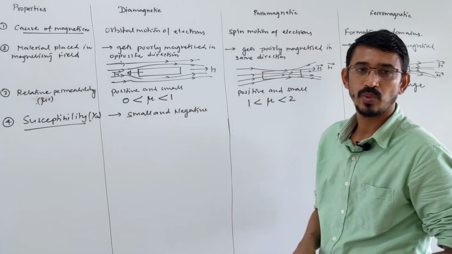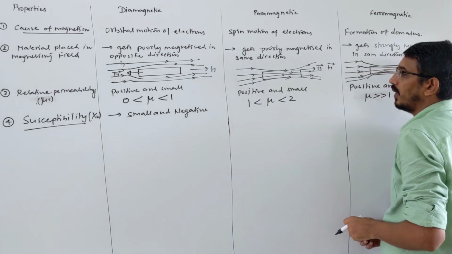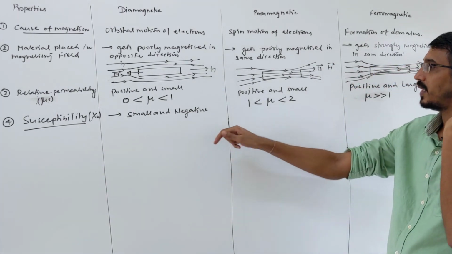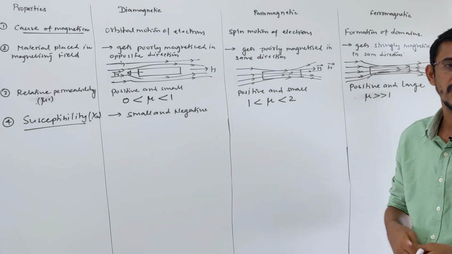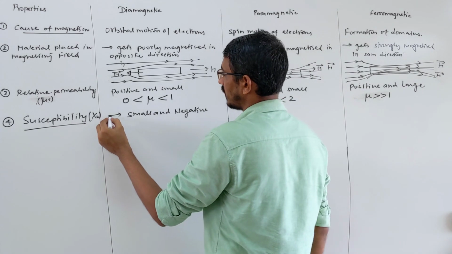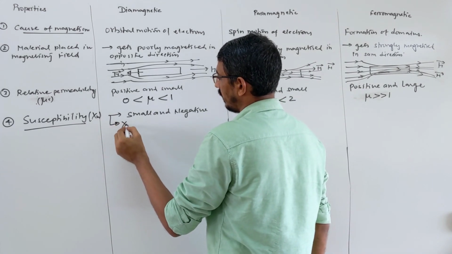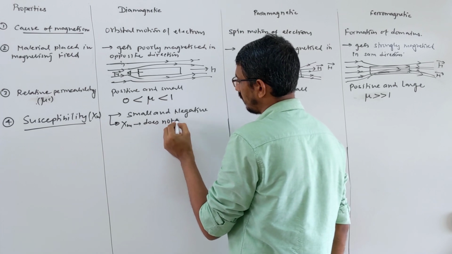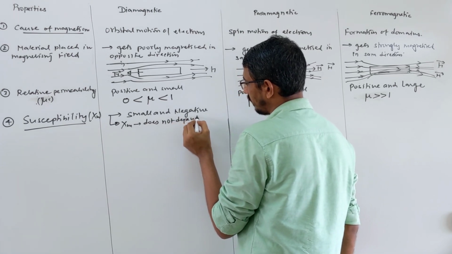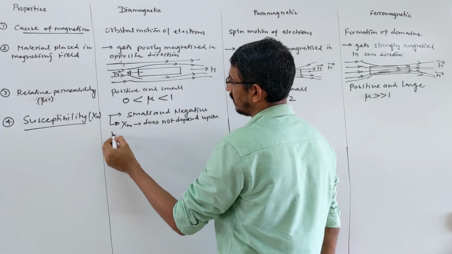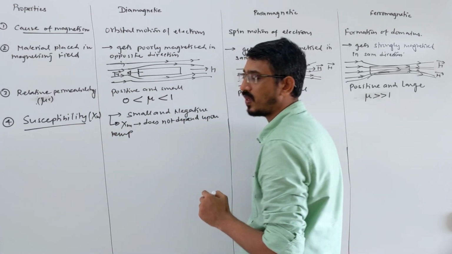Susceptibility is small and negative. Here they ask how susceptibility changes with temperature. Also they ask something called Curie's law. So I'm writing this chi does not depend on temperature. The susceptibility will not depend on temperature.